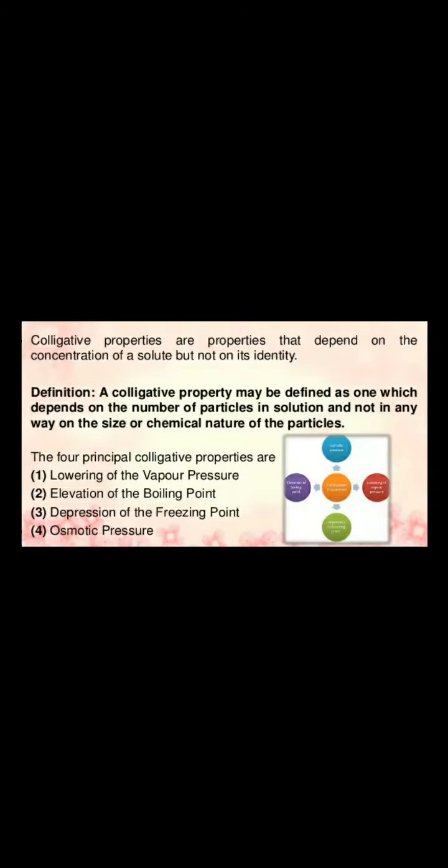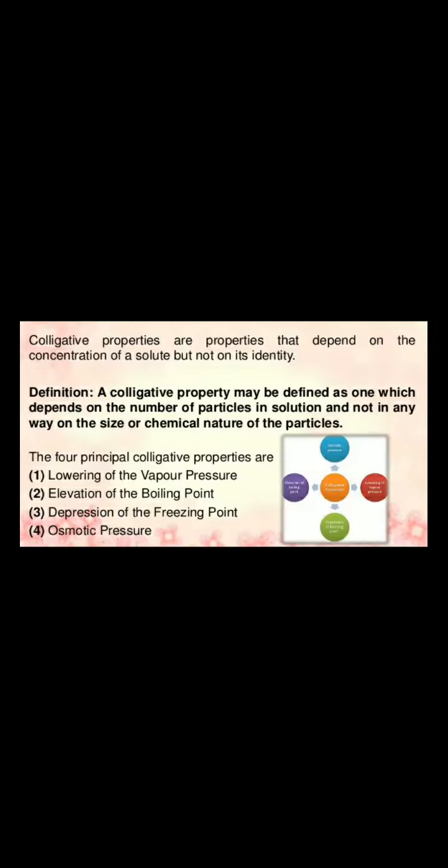The definition of colligative property is the property of a solution that depends on the number of particles in the solution, not on the size or chemical nature of the particles.